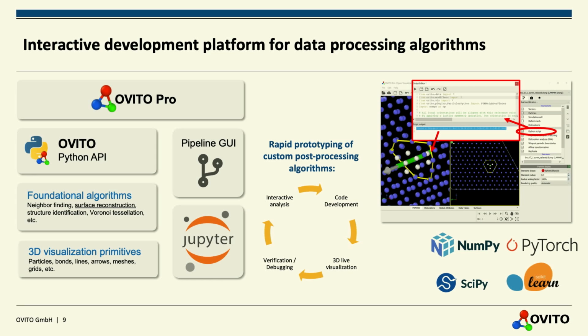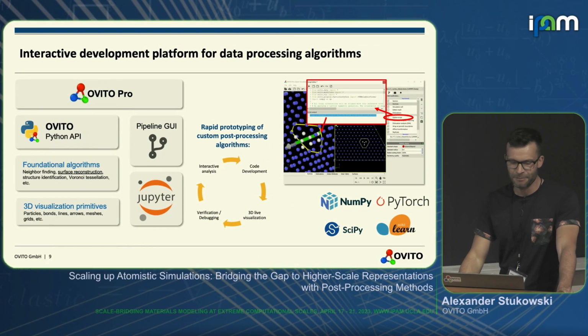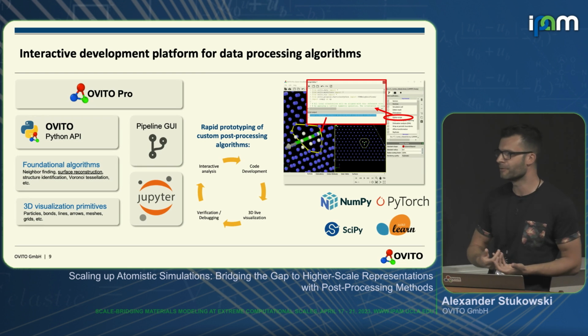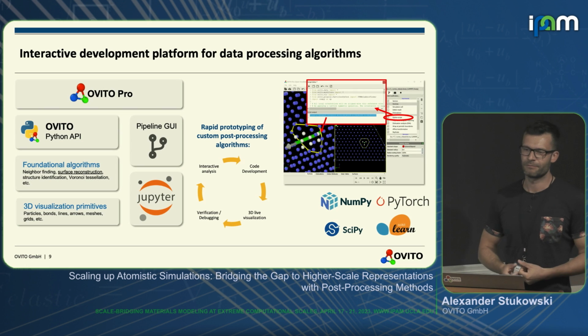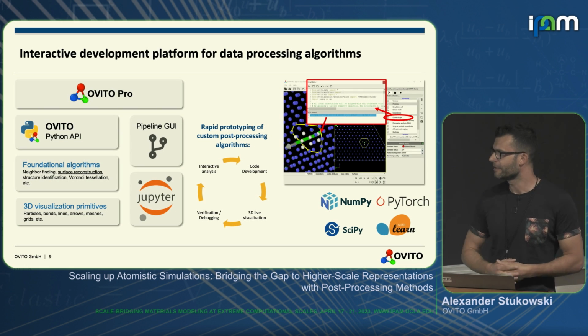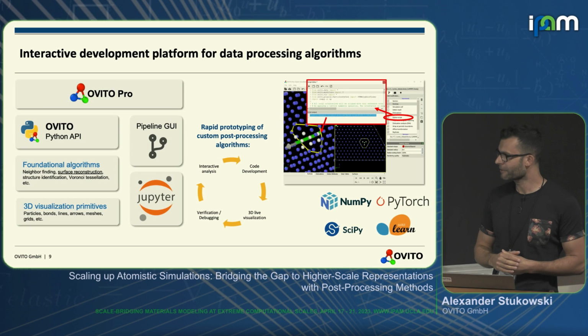One important aspect of OVITO is that it provides what we maybe can describe as an interactive development platform for data processing algorithms. So we want to enable our users to develop their own specific processing algorithms, and OVITO provides an interactive environment for that. So we have a whole set of foundational algorithms.